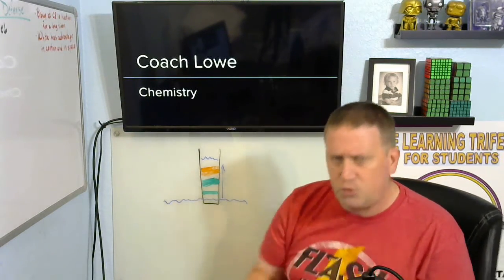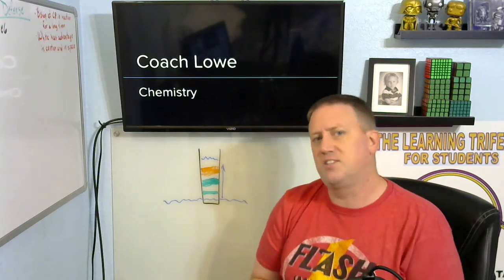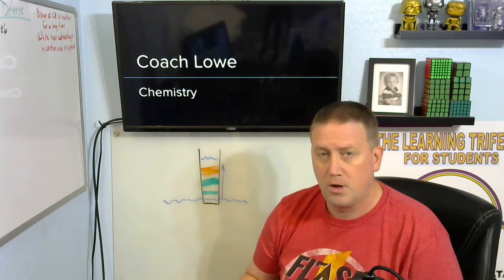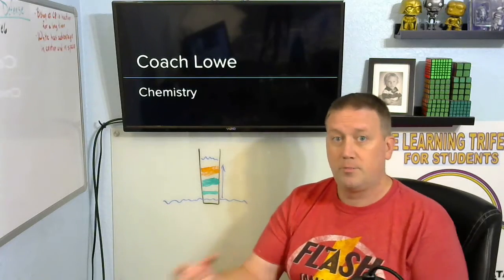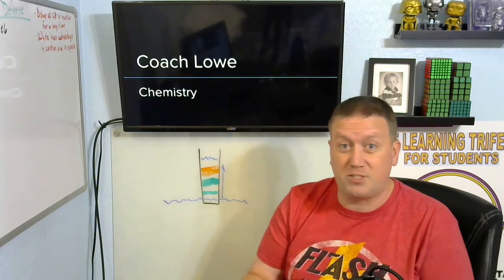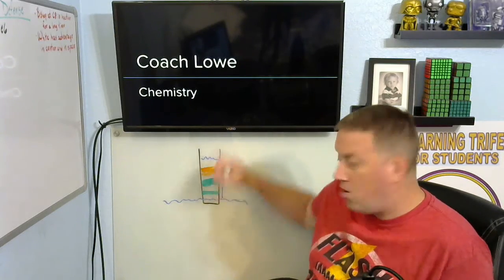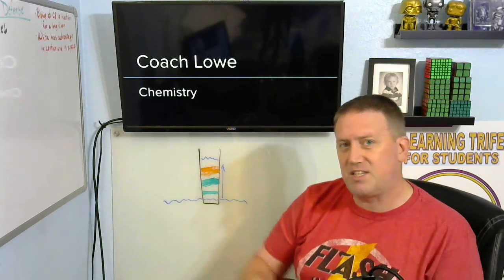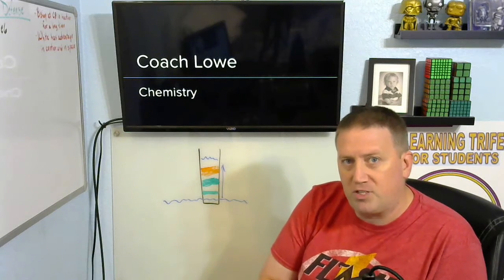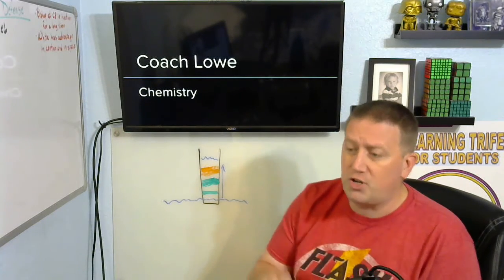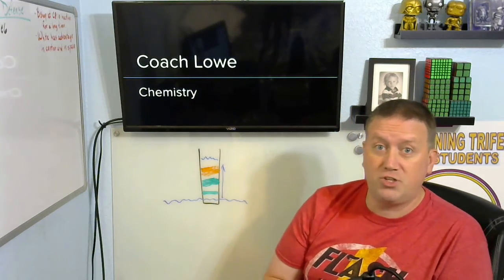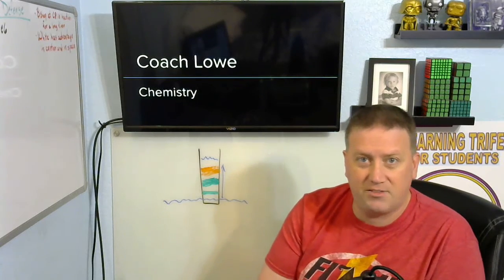All right? So this is one of those ways that we can separate a mixture. We have different pieces, different particles, different substances within that mixture, and we're using alcohol and gravity to separate those different parts out.